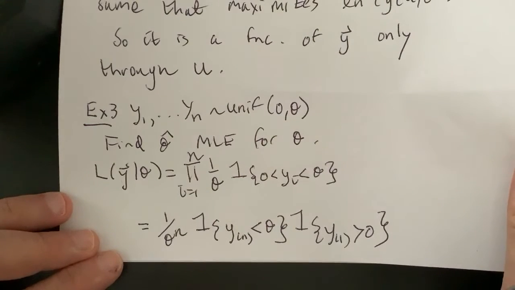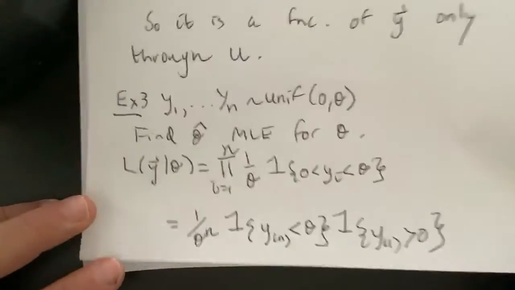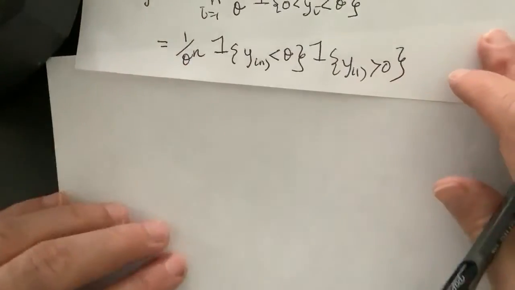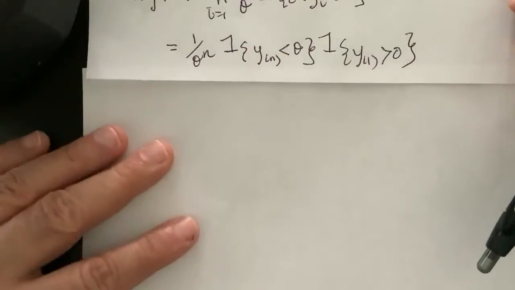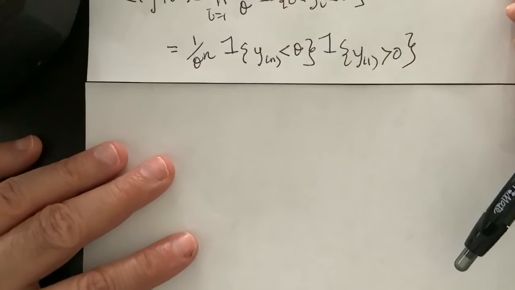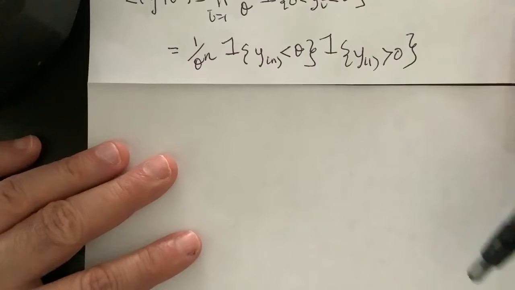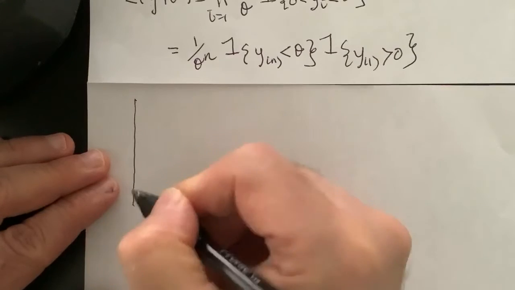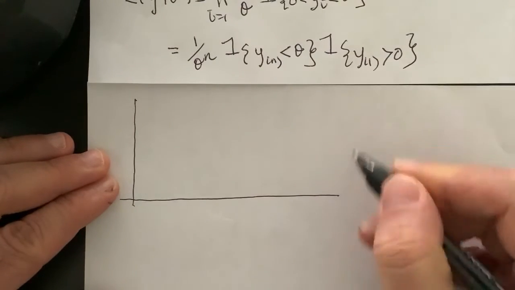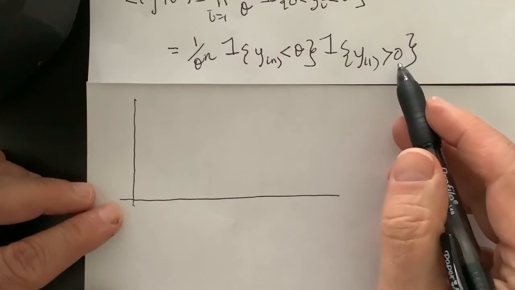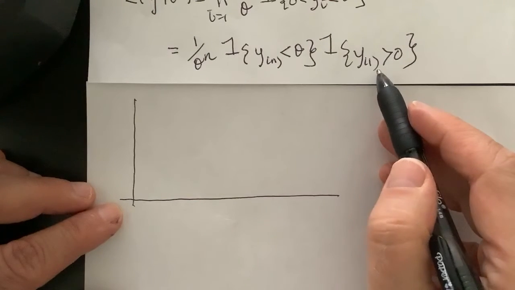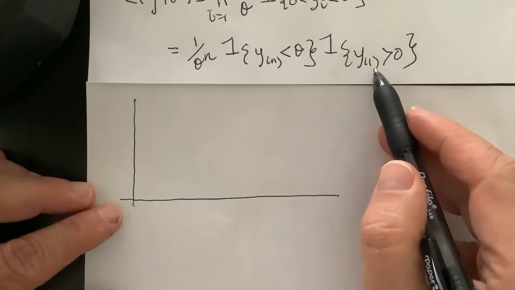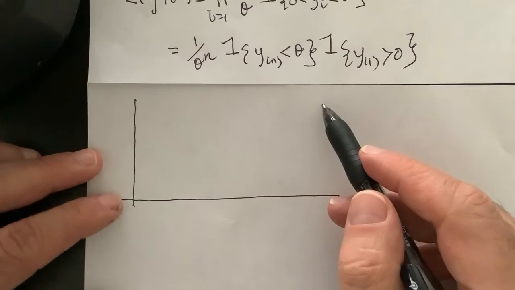We need to find the theta that maximizes this expression. So one thing to note is 1 over theta to the n. What does this function look like? Let's make a careful graph of this. If the minimum is less than 0, the likelihood is 0.